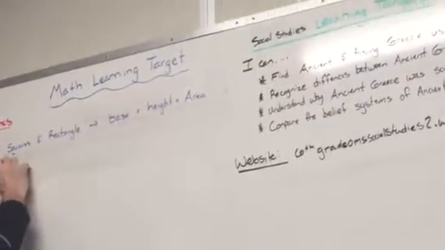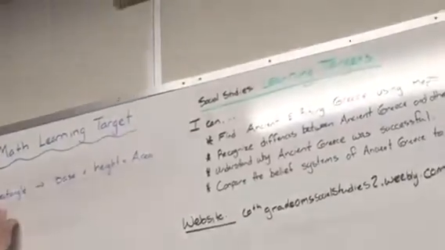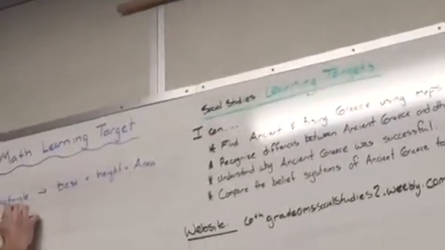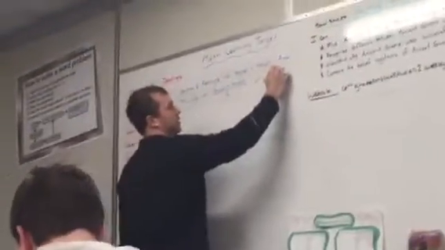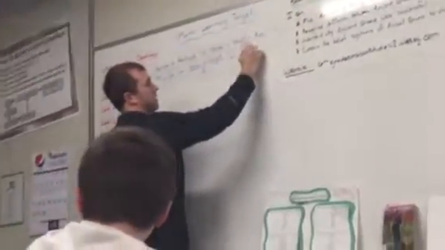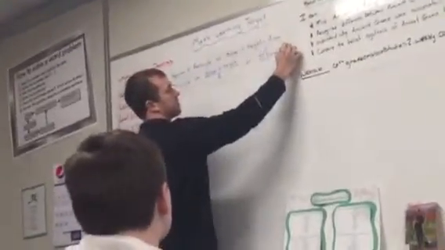So triangle is base times height divided by 2, or we could do half of base times height.